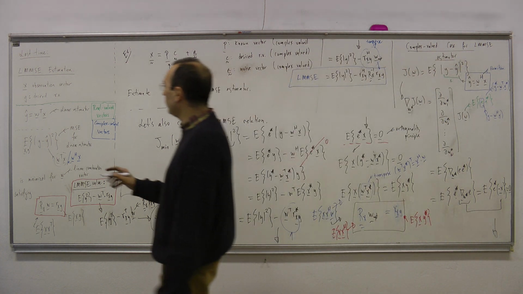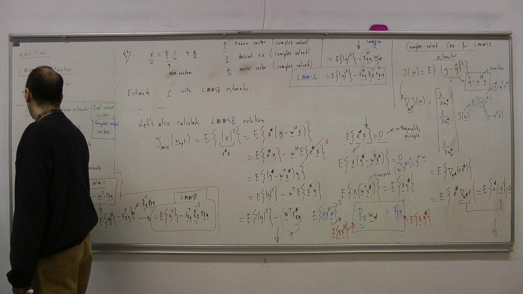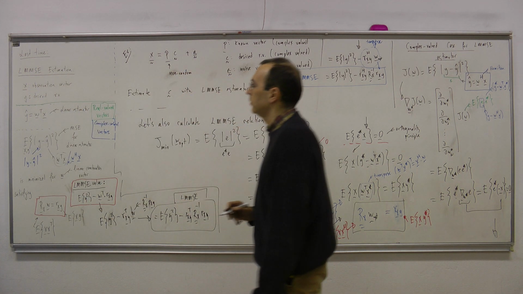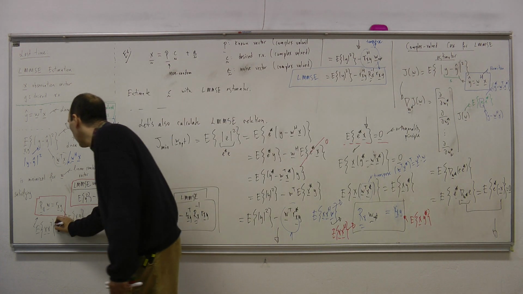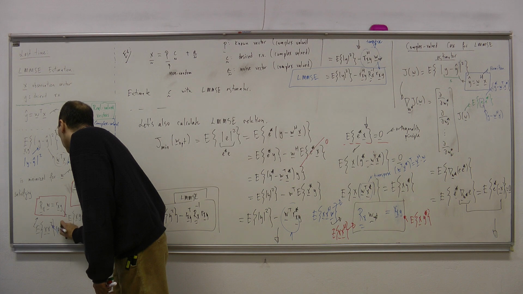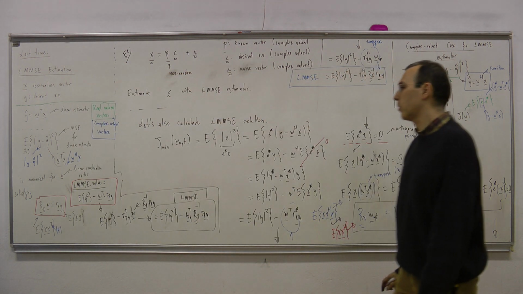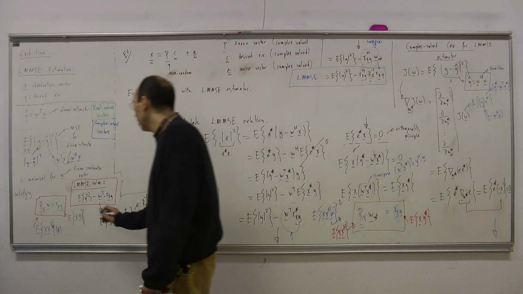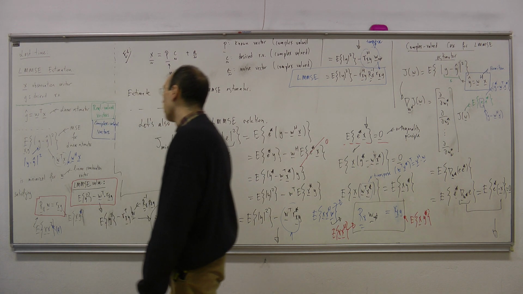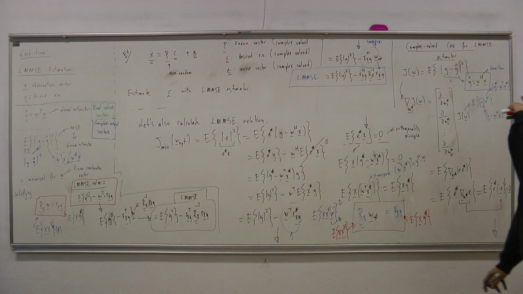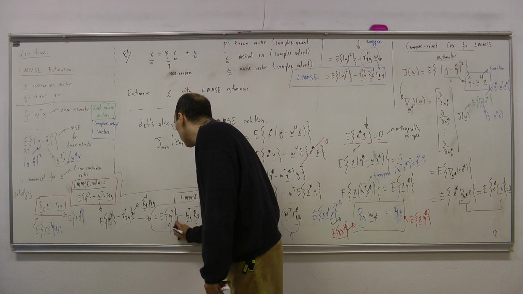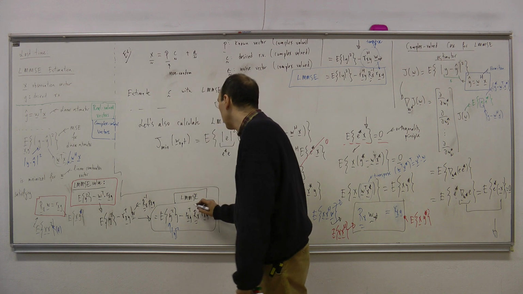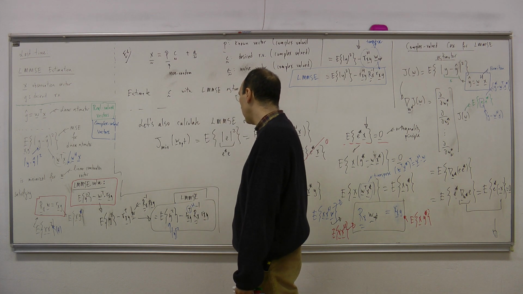If this is complex valued, then of course this is not the parentheses square, but the magnitude square. If this is complex valued, I have H over here instead of T. Okay. If this is complex valued, I have a conjugate over here. Okay. That is it. For the linear MMSE expression, of course this is magnitude square. I have a Hermitian over here.